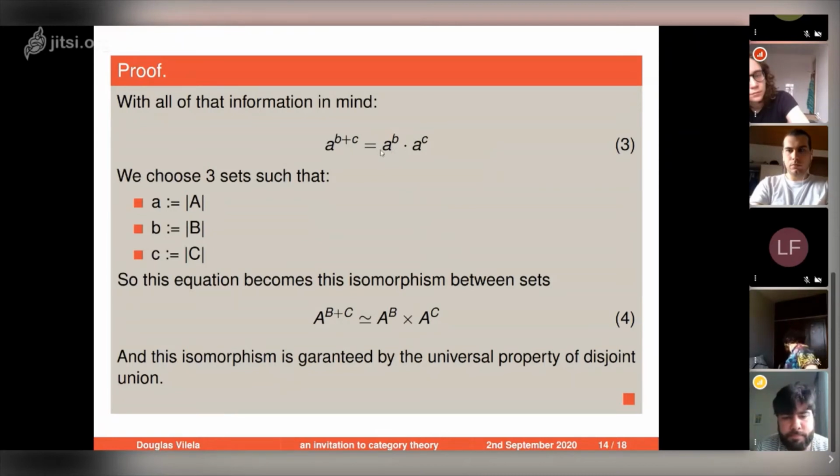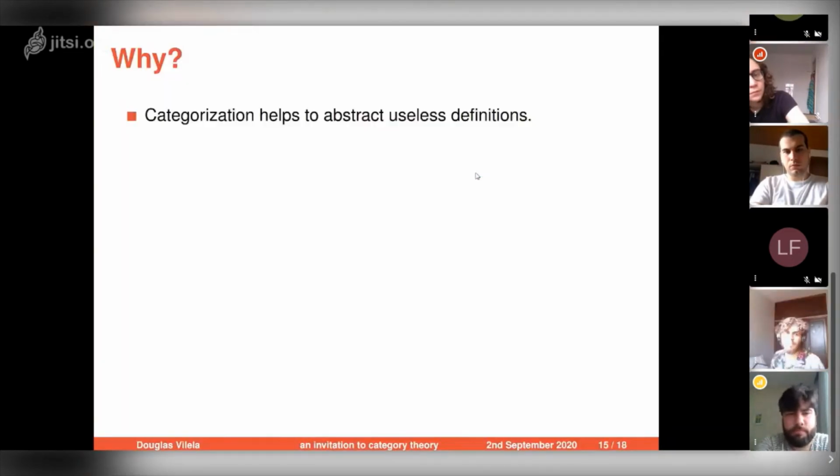This expression is really elementary, and proving it is kind of easy and kind of dumb to do in this framework of thinking, with this kind of theory that we are using. One of the possible answers is that the categorization, the translation actually, that we use helps us to abstract some useless definitions.